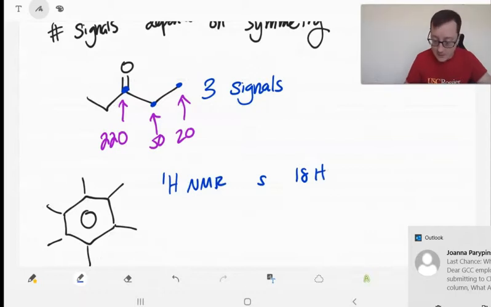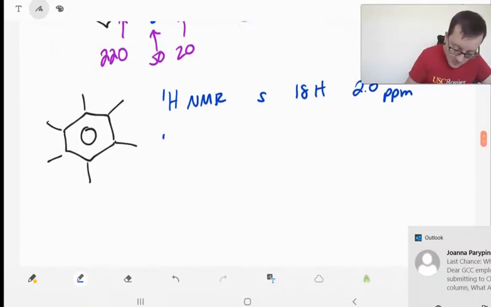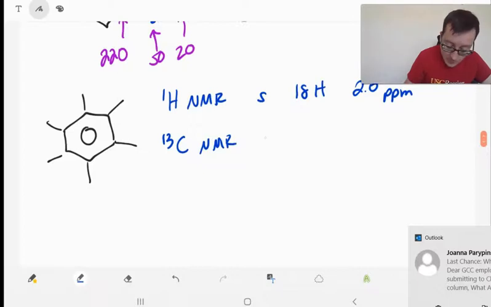We'll only see one thing: a singlet of 18 hydrogens, and it will be around 2.0-ish, thereabouts. In carbon NMR, you'd see 2 peaks. You'd see one at about maybe 150, and then another maybe at like 40.